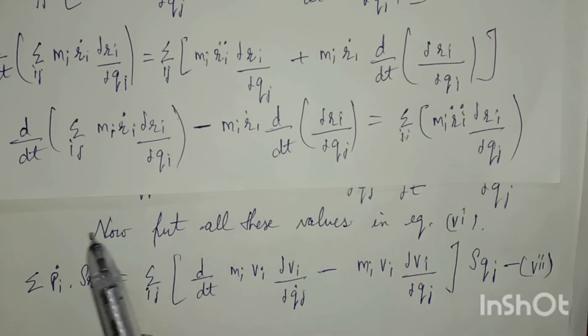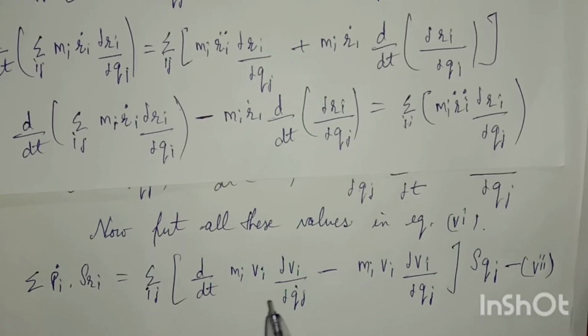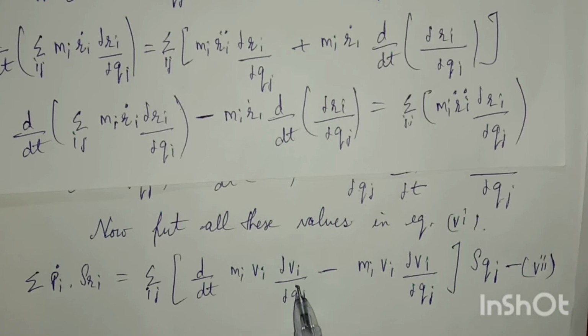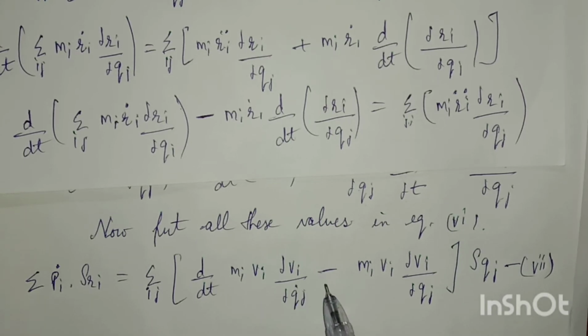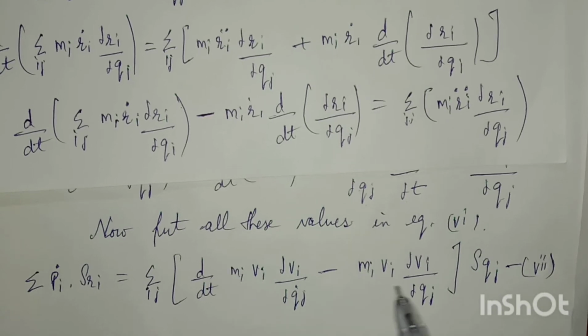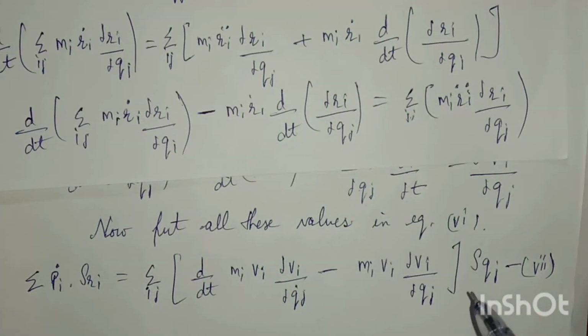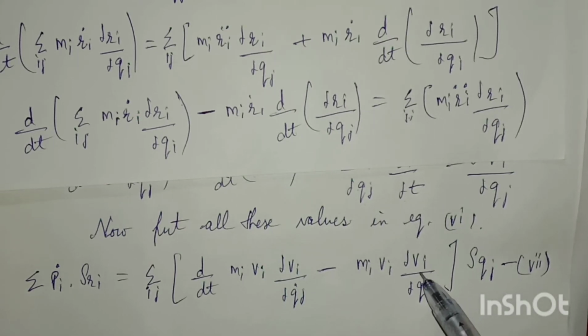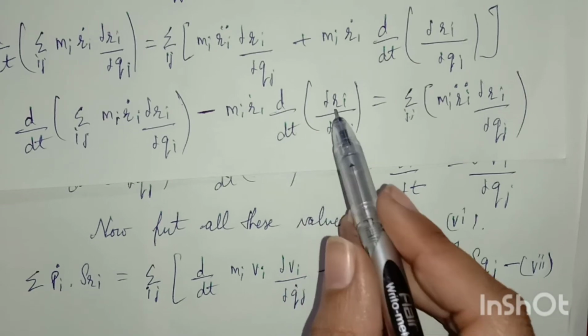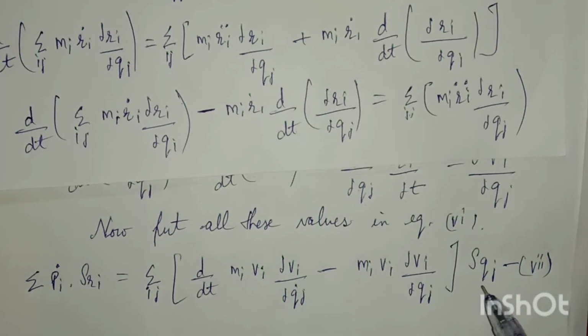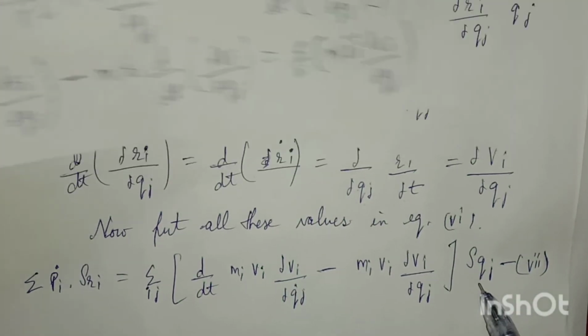Here we have m_i ṙ_i, which is equal to V_i ∂r_i/∂q_j, which is V_i, then minus m_i ṙ_i, which is equal to V_i, then d/dt ∂r_i/∂q_j, which is equal again to V_i d/dt r_i, which is equal to V_i, then δq_j.